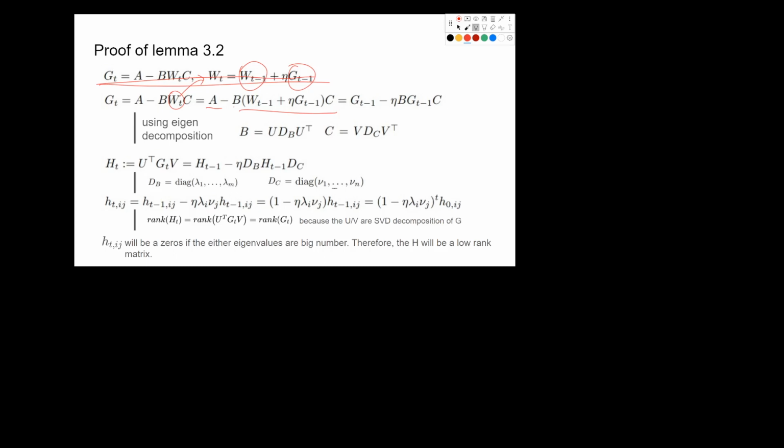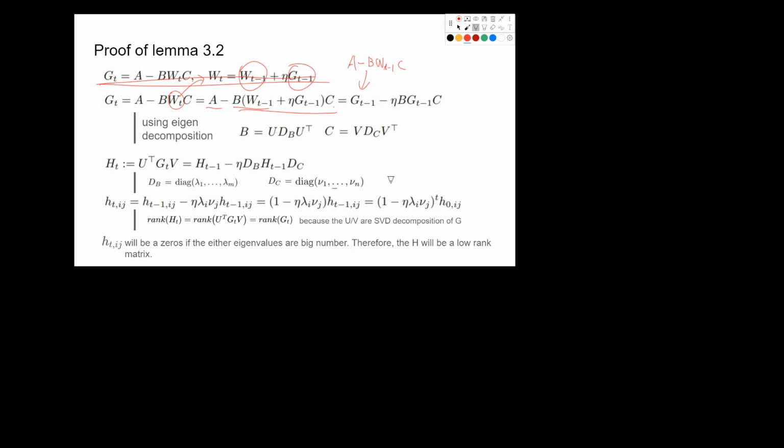For the first part, B WT minus 1 C, together with A, will become GT minus 1. So this is A minus B, WT minus 1, and C, which is GT minus 1 by definition.